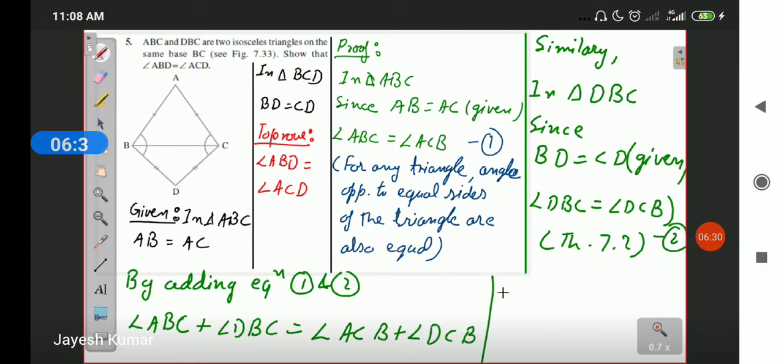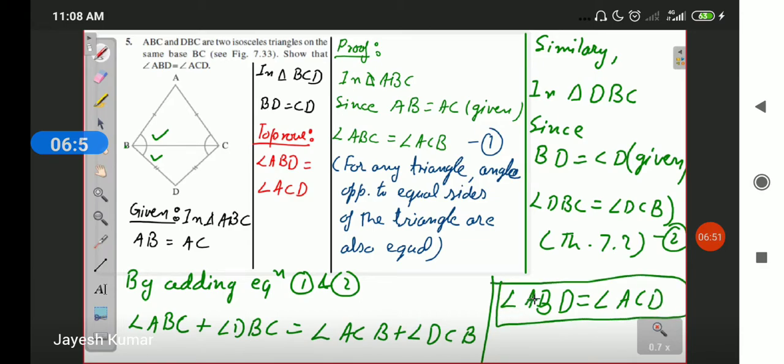Okay, so the sum of these two will be angle ABD. This is angle ABC plus angle DBC, which will be equal to angle ABD. And similarly, that will be angle ACD. Both the angles are equal.